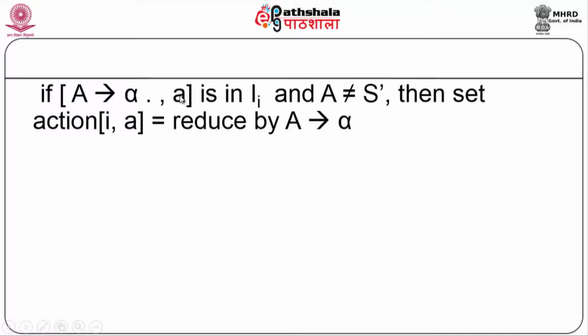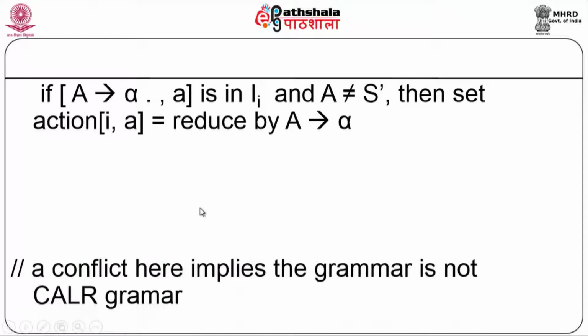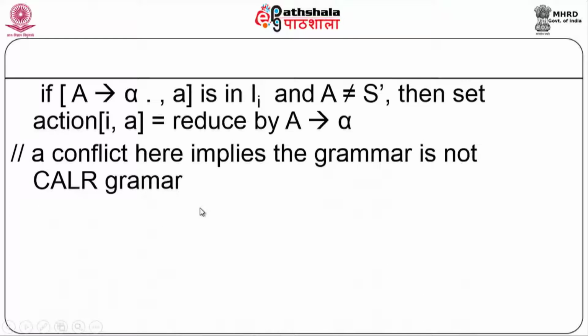If this a has multiple symbols, as in our example C slash D, at the intersection of i comma C and i comma D, I add the entry reduce by A produces alpha. And a conflict here implies that the grammar is not a canonical LR grammar. So if it has a conflict, then I cannot handle it at all. That is what we are trying to look at here.